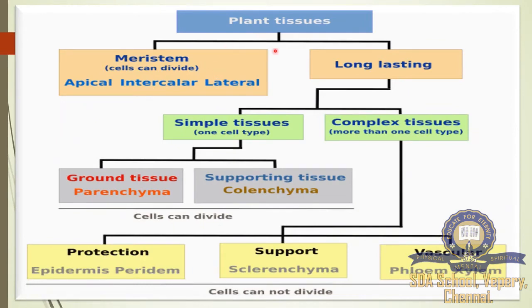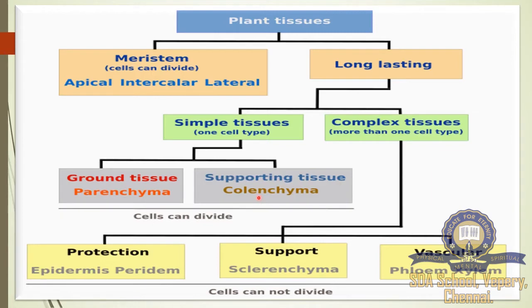We have structures for the tissue system. Plant tissues: we have meristem, which is long lasting, meaning it remains for a long time. Simple tissues have one cell type. Complex tissues. In simple tissues we have the ground tissue system because the root is present. The type of cell present is parenchyma. Next, supporting tissue, collenchyma.